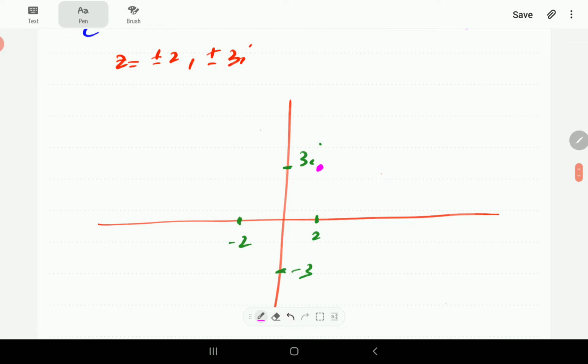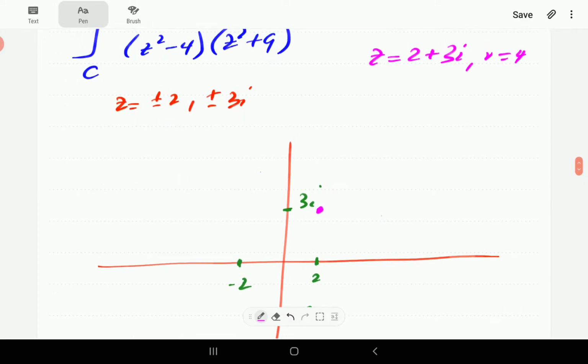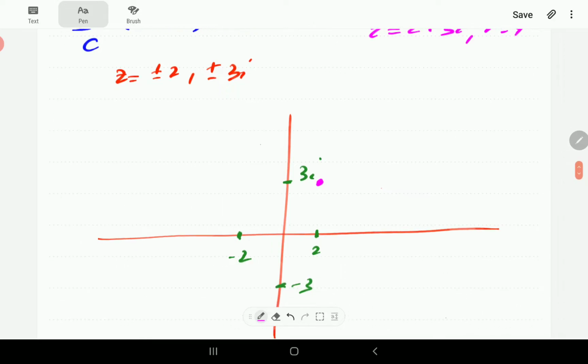It's got radius 4, so that means if this is 3 here, it's going to be going up to around this point, and it's radius 4, so it's going to be tangential at the point which is vertically above that singularity. So the circle is going to be something like this. So that's going to be our contour.